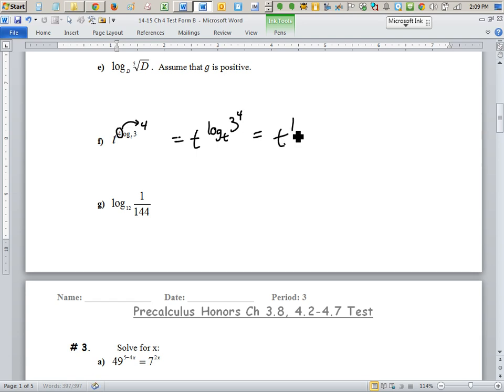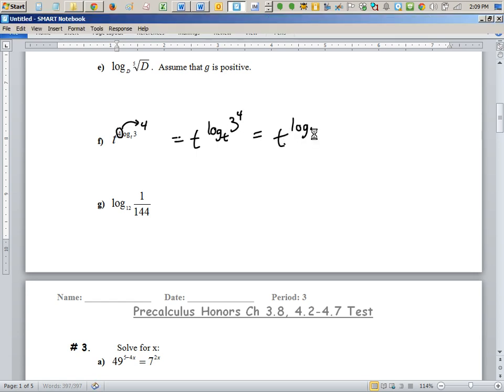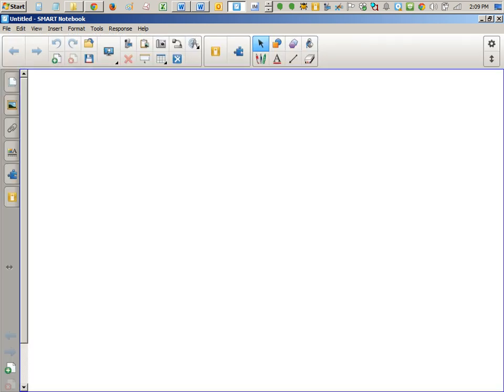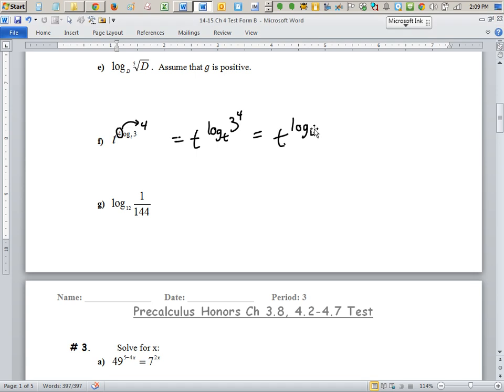In other words, t to the log base t of 81. That's what we're dealing with. Okay, and then this is 81. And again, the reason is t to the power anything and log base t of anything are inverse operations.